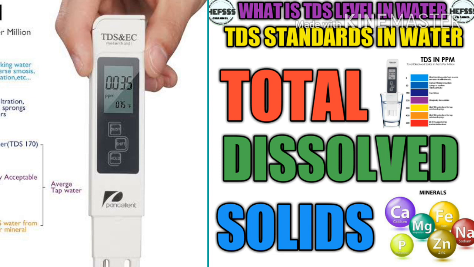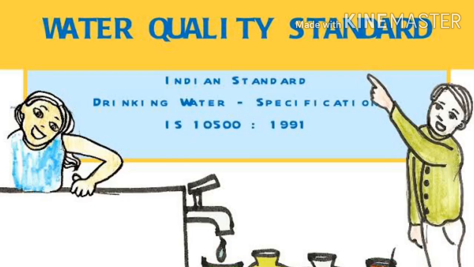Cations are positively charged ions and anions are negatively charged ions.